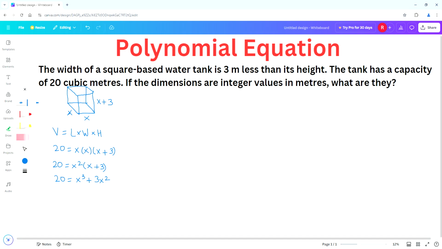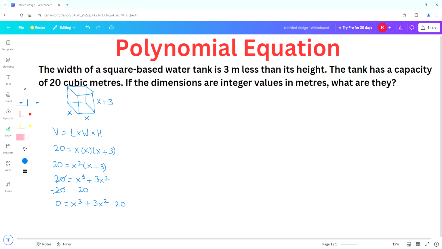Next, we should set this equation equal to 0 by subtracting 20 from both sides. So this is the polynomial equation in standard form. In order to solve this equation, we should convert it to factored form. So we should factor this equation.